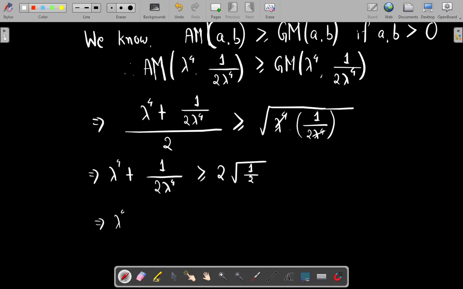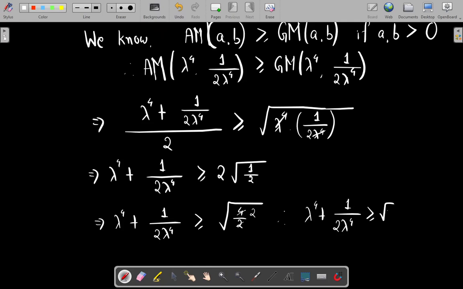So this implies lambda to the power 4 plus 1 upon 2 lambda to the power 4 will be greater than or equal to, if this 2 goes inside the root, it will become its square, so it will be 4 upon 2, right? So this cancels, and we are left with root 2. Therefore lambda to the power 4 plus 1 upon 2 lambda to the power 4 will be greater than or equal to square root 2.